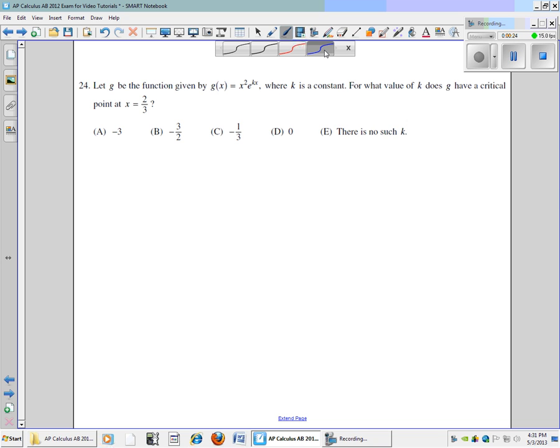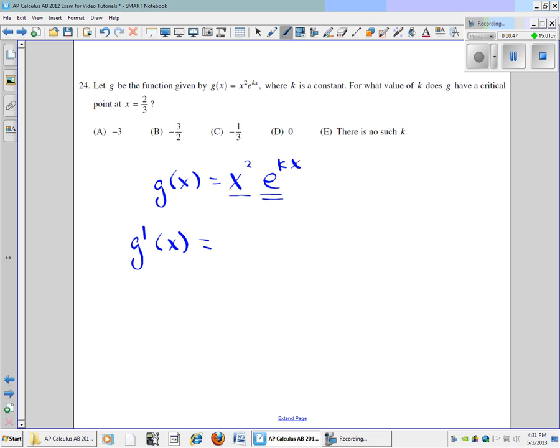Well, we'll find our critical points when we take the first derivative and set it equal to 0. So let's go ahead and do that. We've got g of x as being equal to x squared times e to the k times x. So if we take the derivative of g of x, we will use the product rule. Derivative of the first times the second plus the derivative of the second times the first.